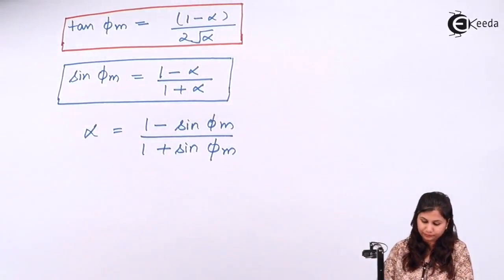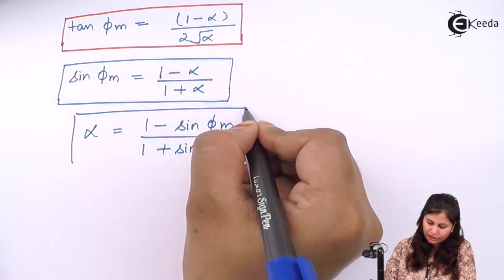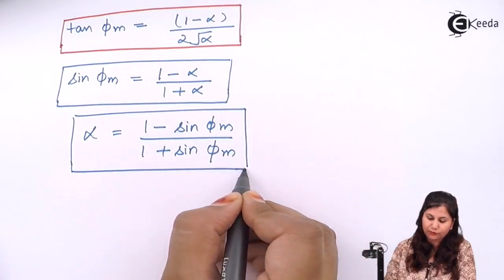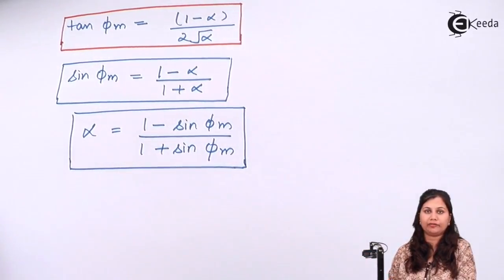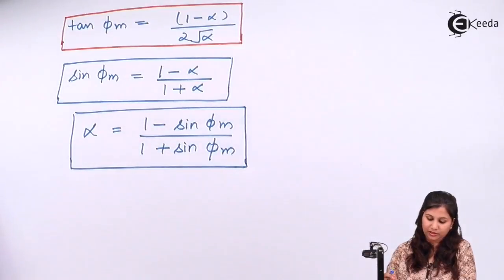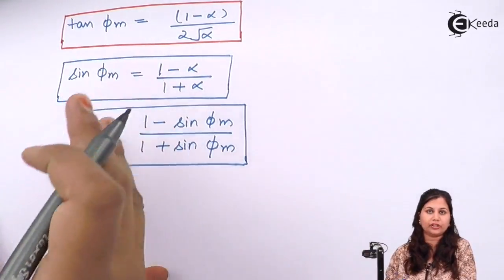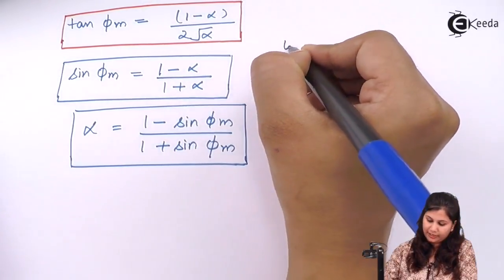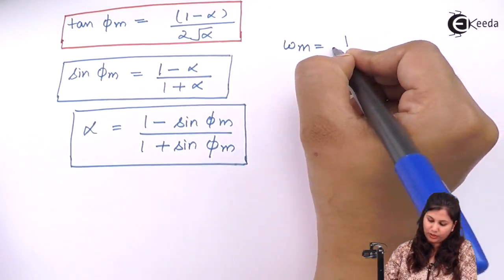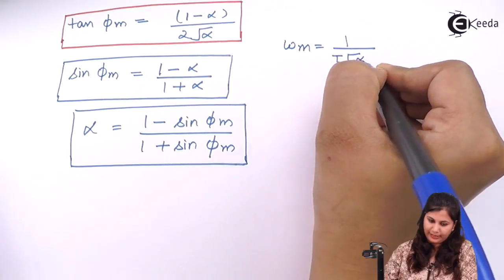Okay. So just remember all these formulas for the phase lead network whenever numericals or problems are asked on this phase lead network, then you can directly use this formula. Here omega m is equals to 1 upon t root alpha.